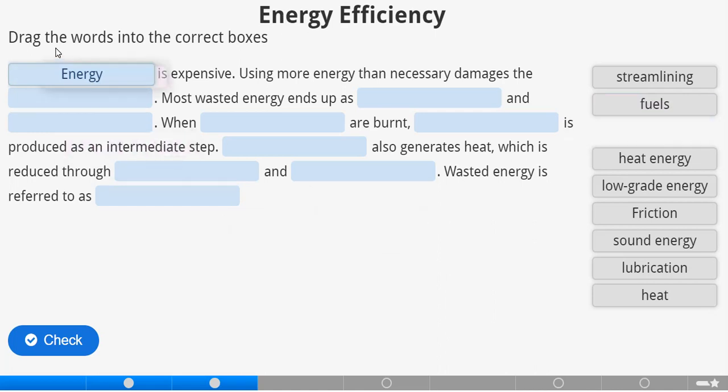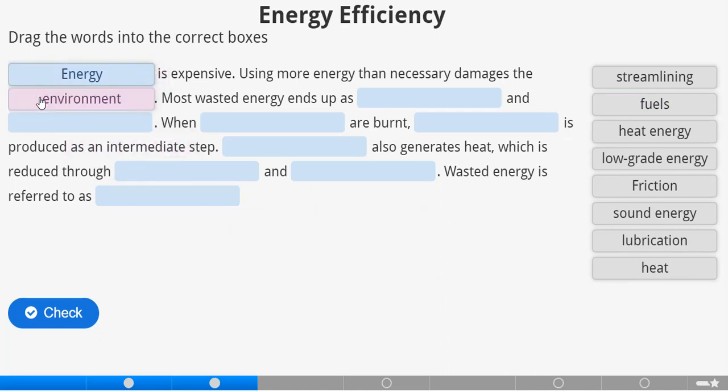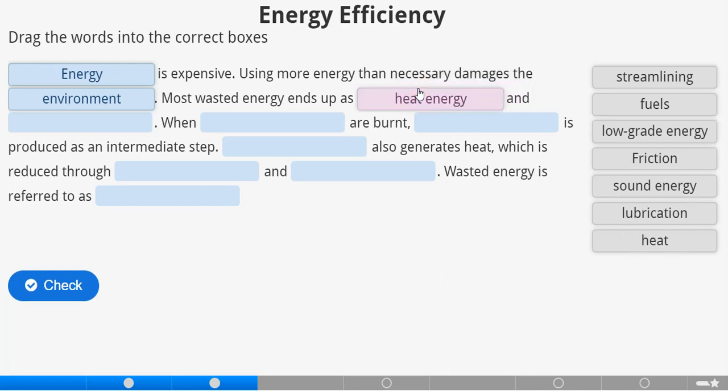Environment. Most waste energy ends up as heat energy, and sound energy.